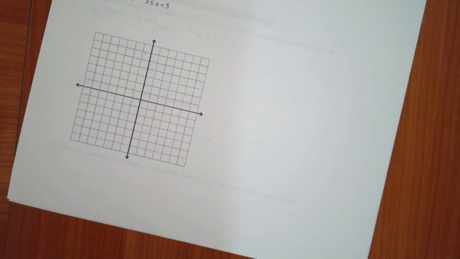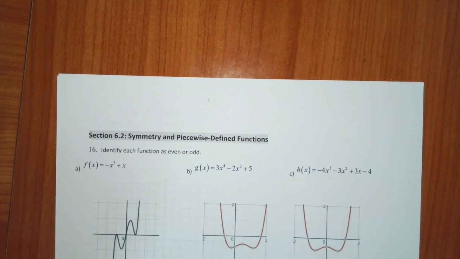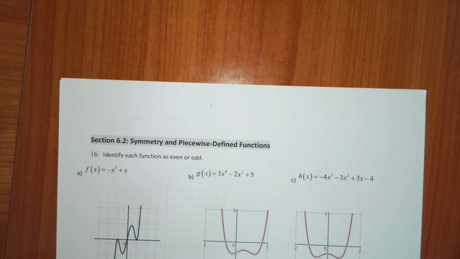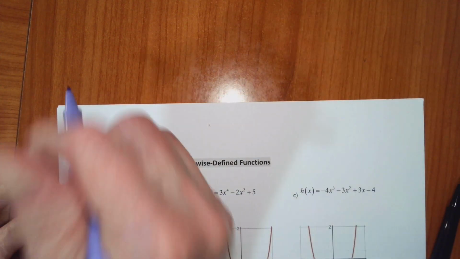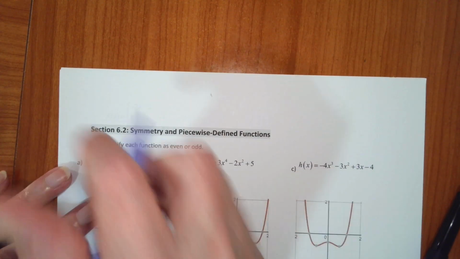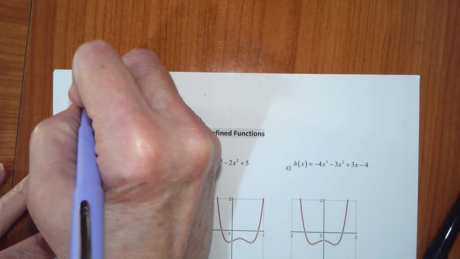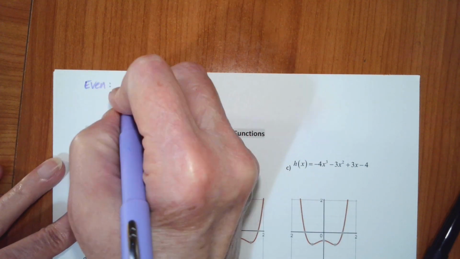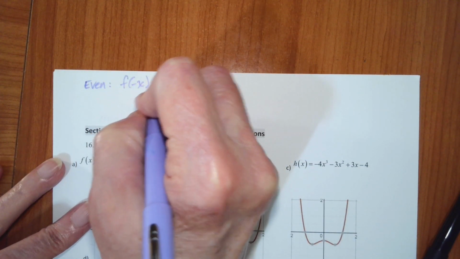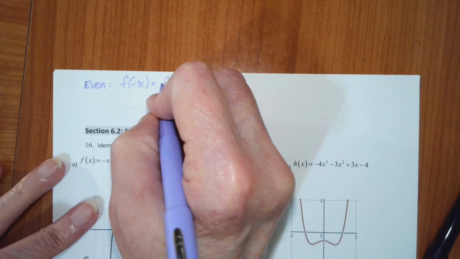All right, let's talk about symmetry and our defined functions. So let's talk about symmetry again. Even or odd? Let's think about even: f of negative x equals f of x.